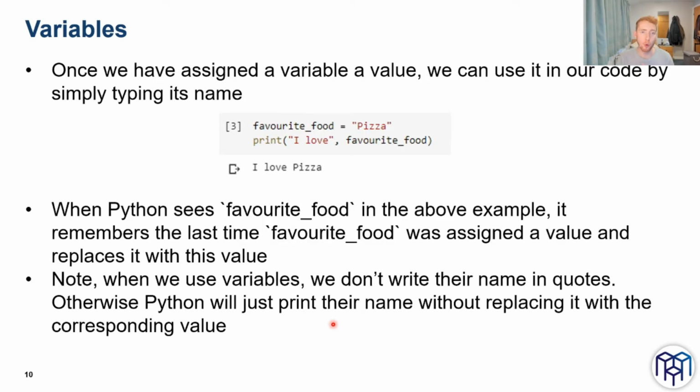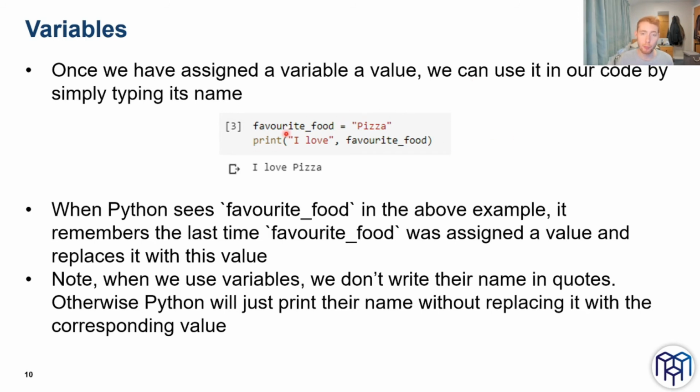Okay, and so once we've created a variable, once we've assigned it a value, we can then use that variable in our code and Python will replace it with the value we set it to. So for example here, we create a variable favorite food, assigning it the value of pizza. And so now Python understands that favorite food is just another way of pointing to the data pizza.